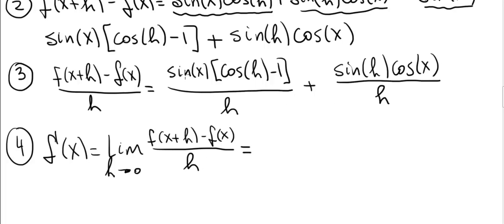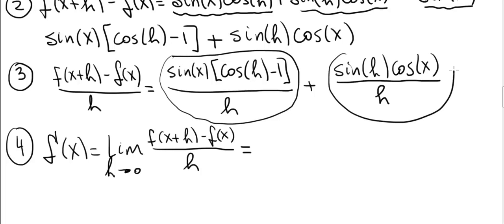Notice that here we have sine of x. It does not depend on h. And in this part, cosine of x does not depend on h. So we can factor sine x and cosine x in the two limits, put them in front of the limit. So it looks like this.